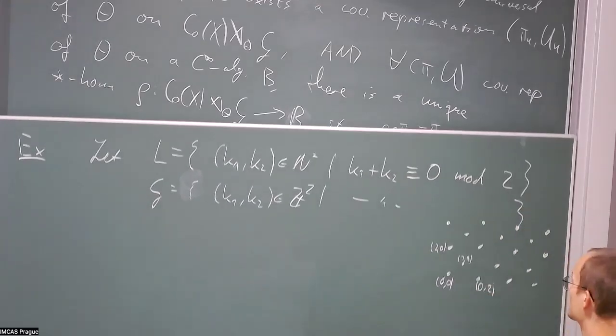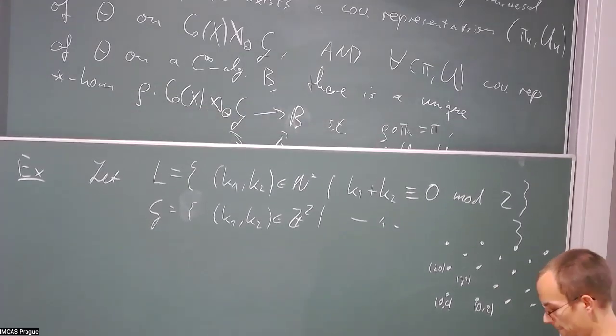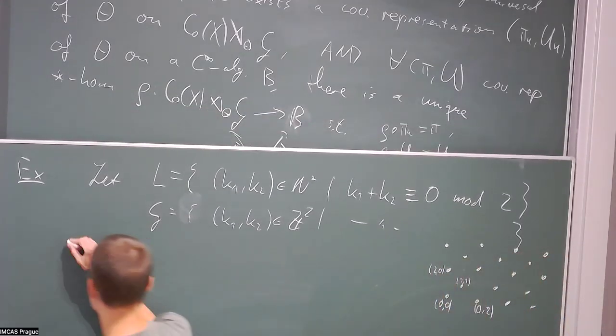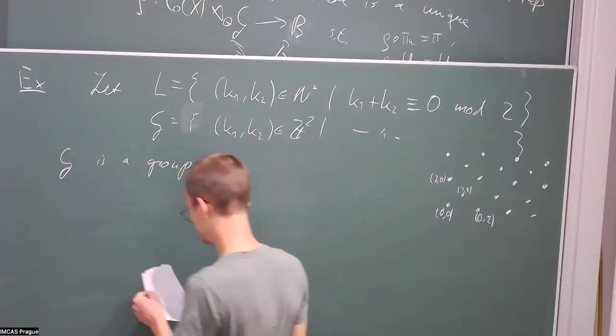It looks a bit like this. It's not the full lattice; you have to take out some points. And now G is a group. This is very easy to verify.